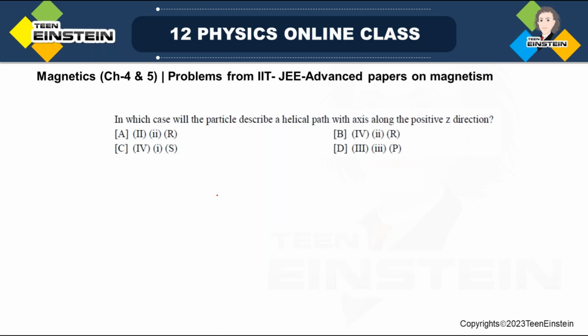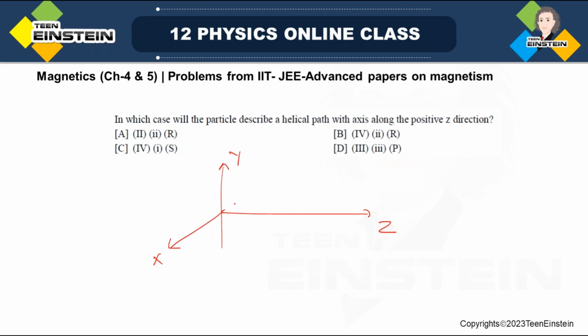First of all, I'll tell you one thing here. Suppose this is the z direction, this is y, this is x. You can have a helical path in two ways.